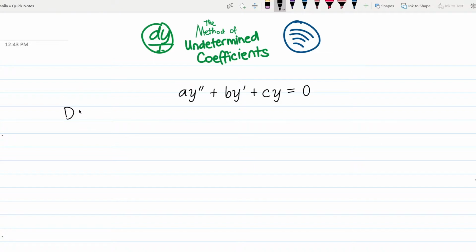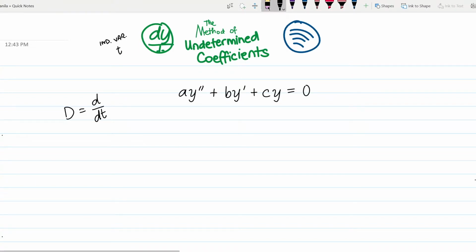D just means the time derivative of something. The independent variable here is going to be time, so let's fix that as t.